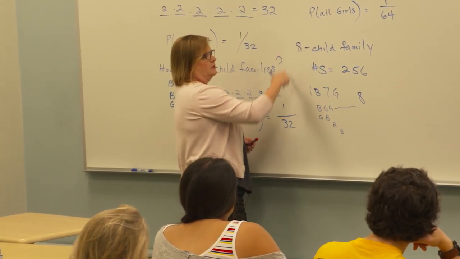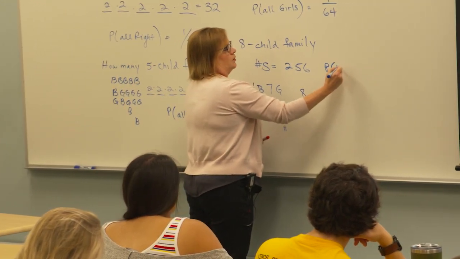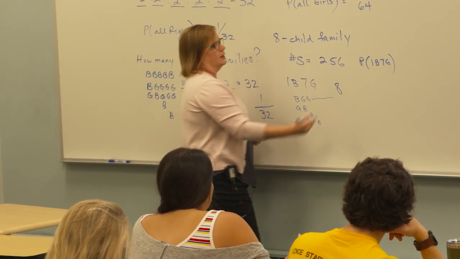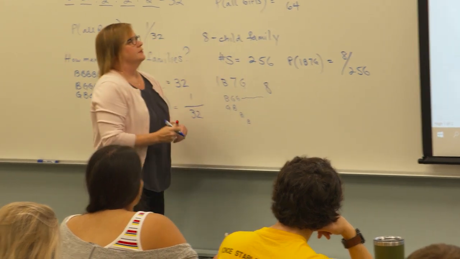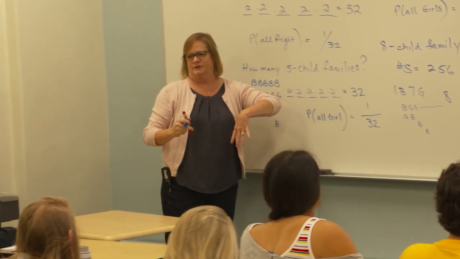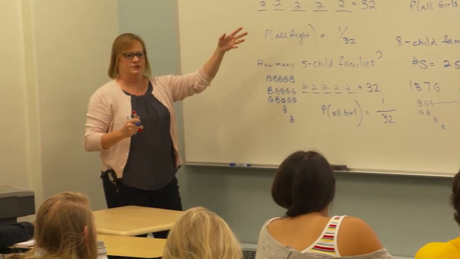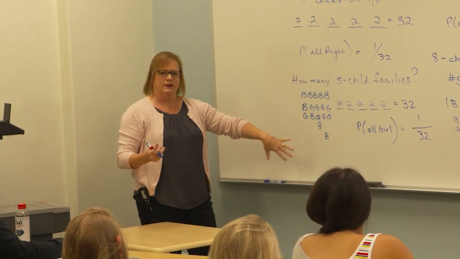So what's the probability of that situation? Probability of 1 boy and 7 girls. 8 out of 256. Okay, now, these different events are supposed to be independent, right? Just because my mom had only sisters doesn't mean she should have expected to have only daughters, right?